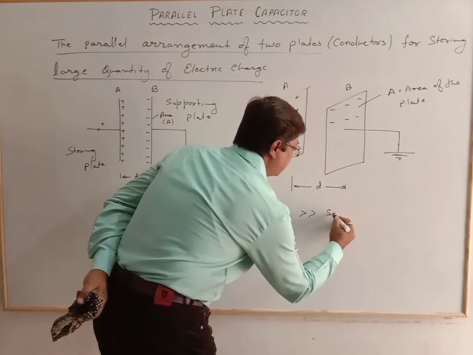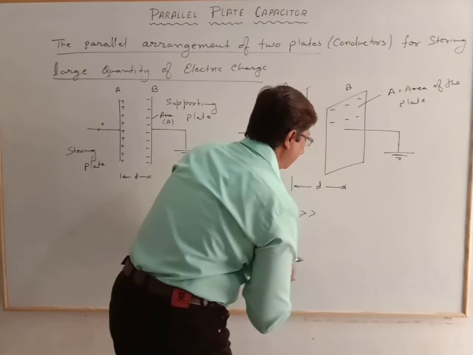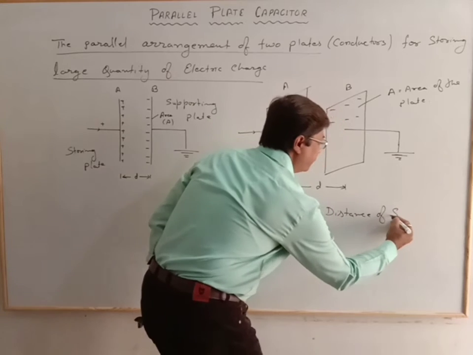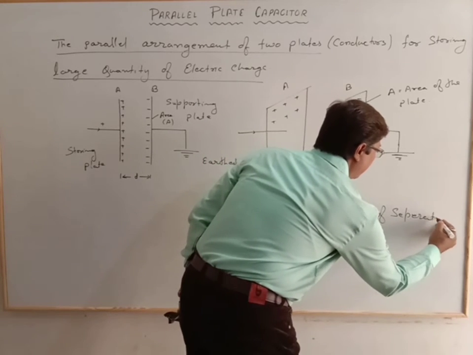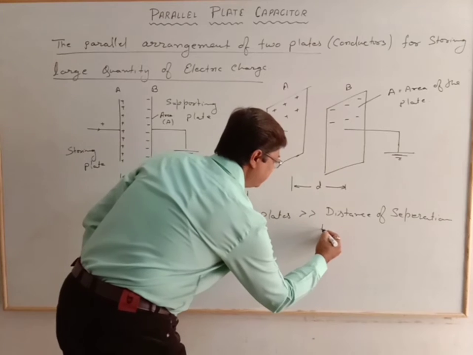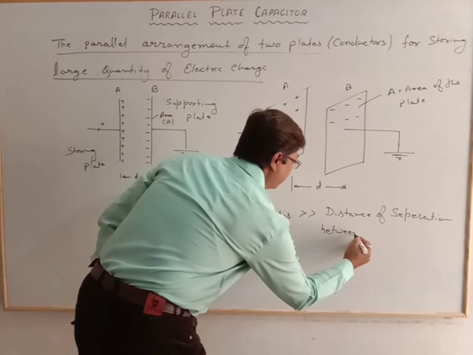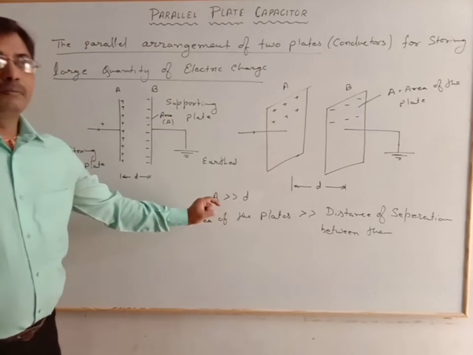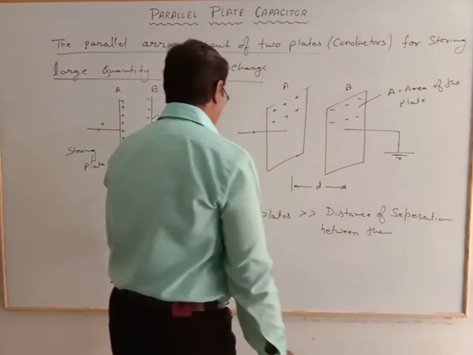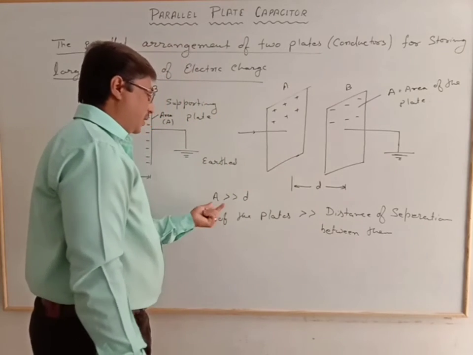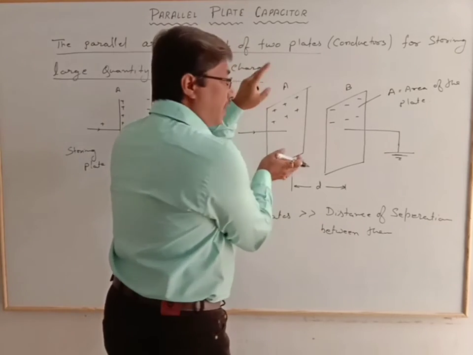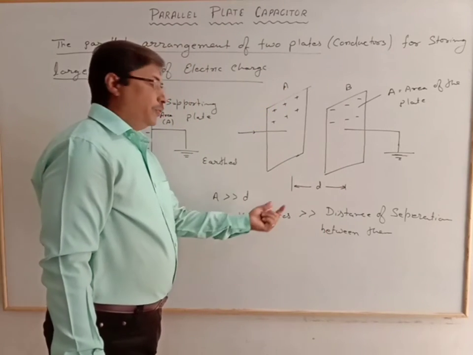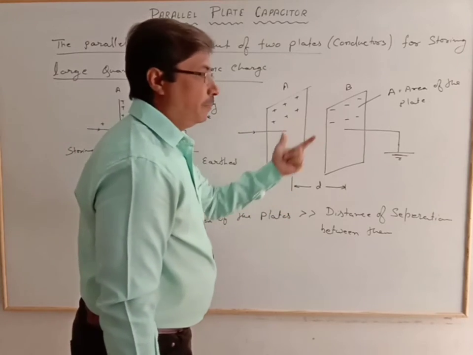The area of either plate, or of both plates, is much greater than the distance of separation between them. So in this figure we come to the conclusion that the area of the plate is large and the distance between the plates is very small. That is the arrangement of the parallel plate.